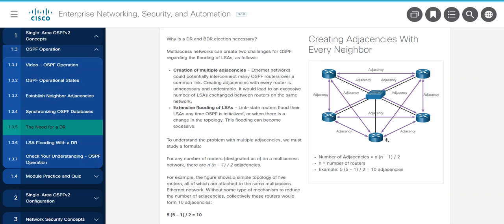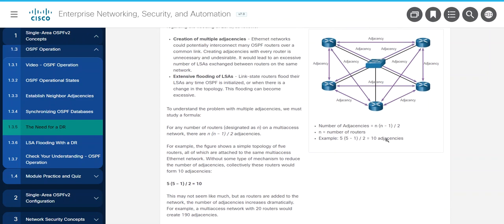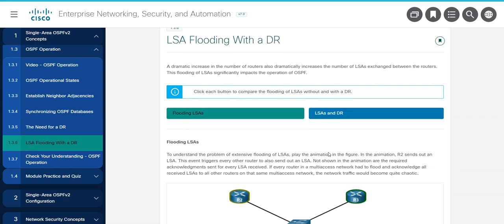You can end up with a routing loop if you're not careful. You can end up with everybody not having the same common knowledge of the network, or no convergence. You also have an excessive number of packets or flooding of your link state advertisements. So there's lots of issues.